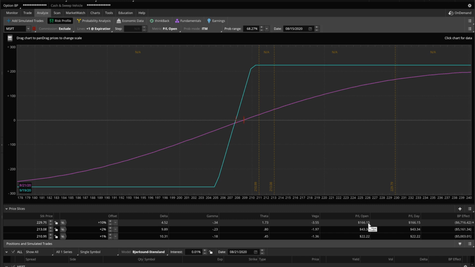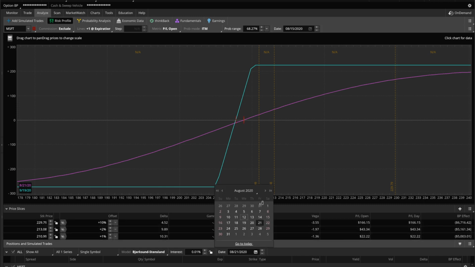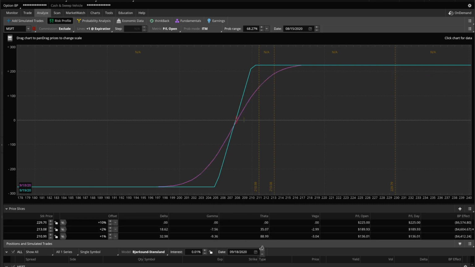It's not a bad idea to exit at that point and just take your profit. But otherwise, we would just stay in until our expiration date hits, and we maximize our profit. But it's not a bad idea if you want to capture 50%, 60, 70% of your profit early.